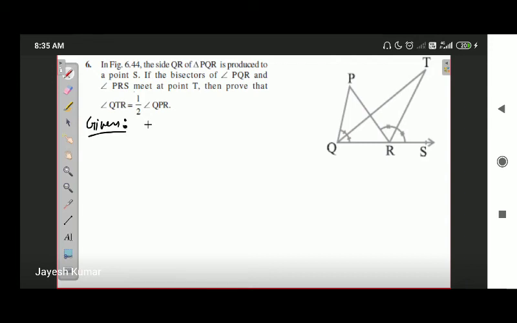First of all, let us take PQR is a triangle. After that, QT is the angle bisector of angle PQR.